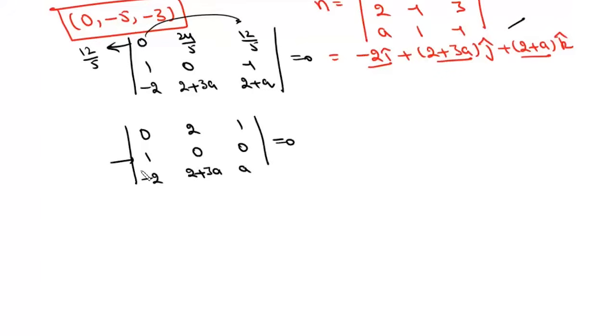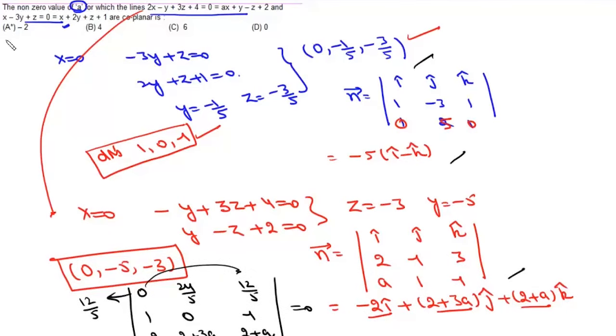Now if we expand it about this second row, we'll get minus 1 and then 2a, minus 2, minus 3a equals 0. That is, the value of a is minus 2. So these two lines will be coplanar if the value of a is minus 2. And that's your option A.